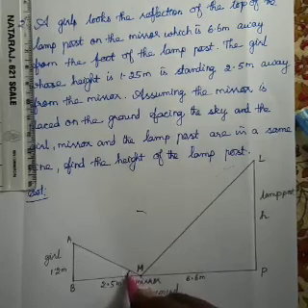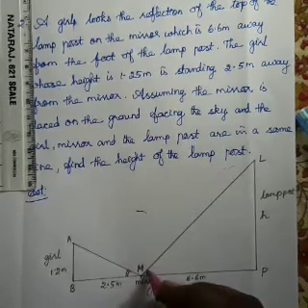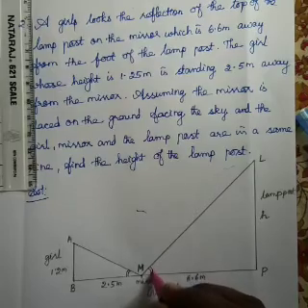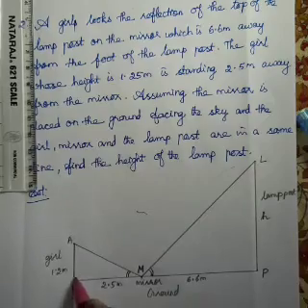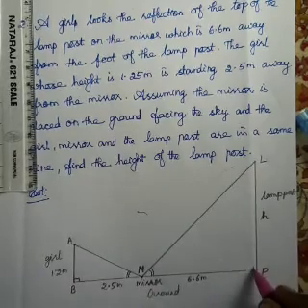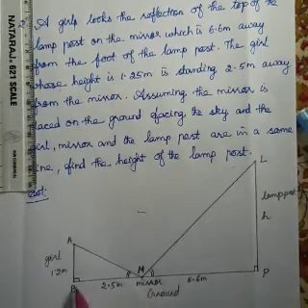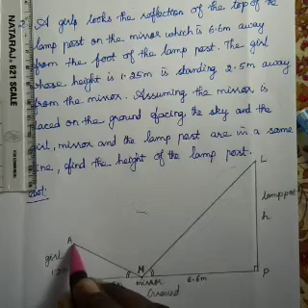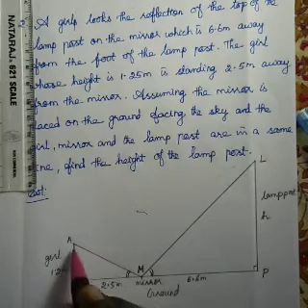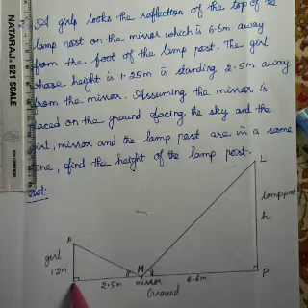Now this is the angle of reflection. This is the angle of incidence. Also this angle B is 90 degree and angle P is 90 degree. Why is it so? BMP is the ground level and the girl is standing straight. Whenever we think of the height, it is the perpendicular distance.